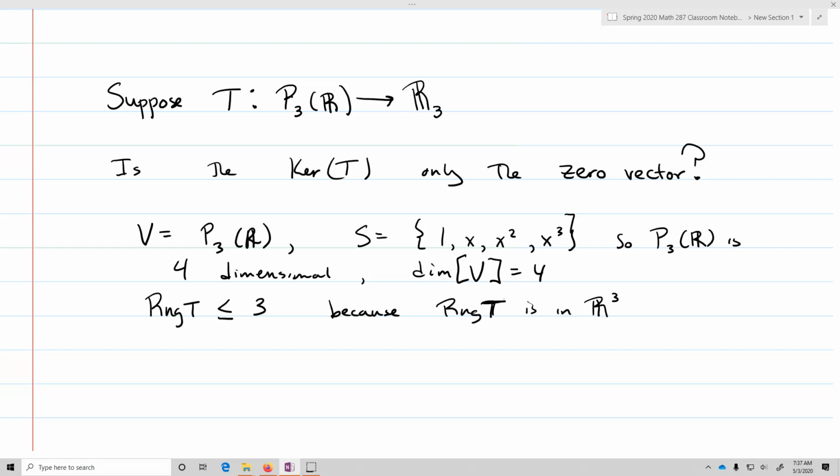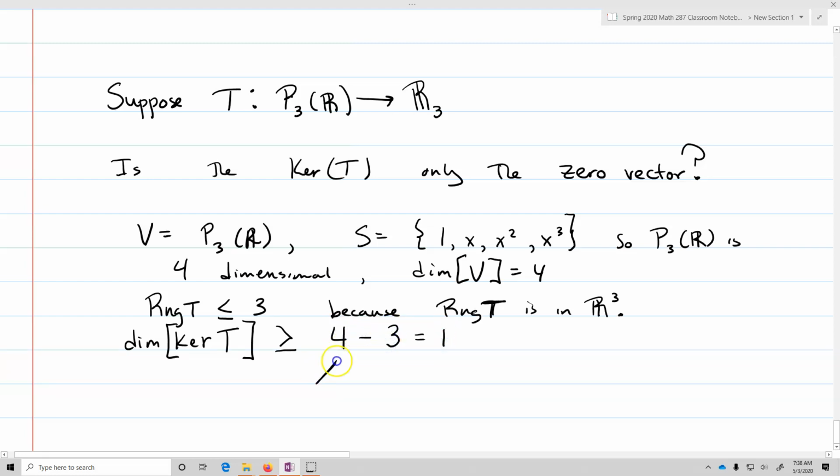Okay, so if I think about this, what that means is that the dimension of the kernel of T has got to be greater than or equal to 4 minus 3, which equals 1.